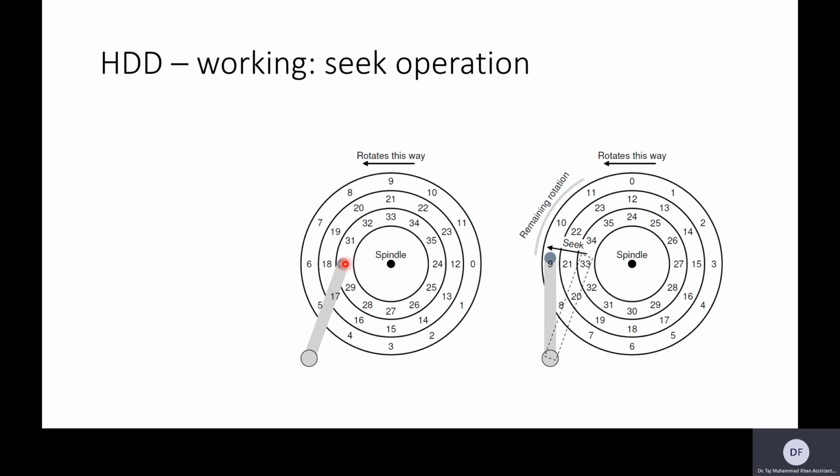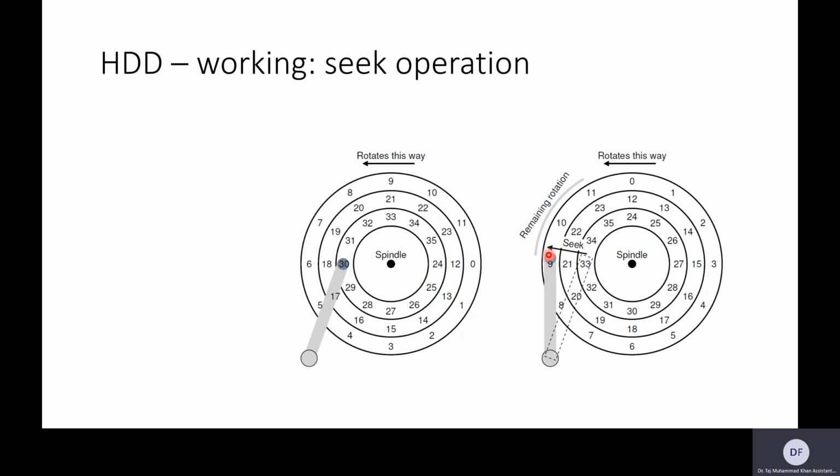In that case, we will have to move this head across the tracks, and this movement is done by this arm. This arm, to which the head is attached, can move left or right, so it can traverse different tracks on the surface to get to the right track. This movement of the arm to get to the right track, we call seek movement.